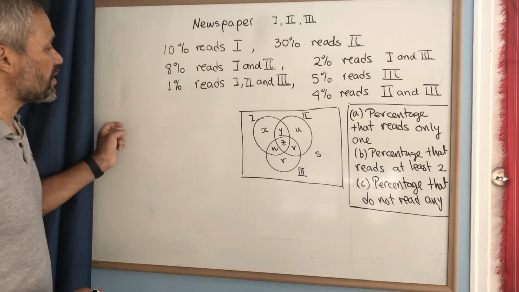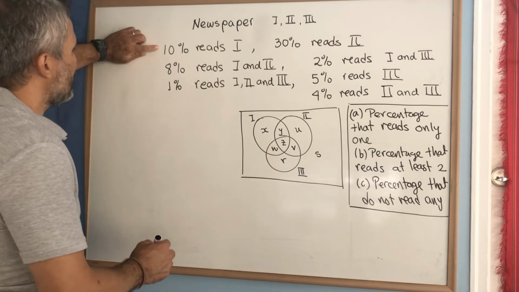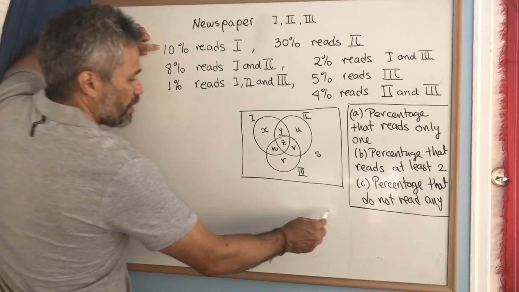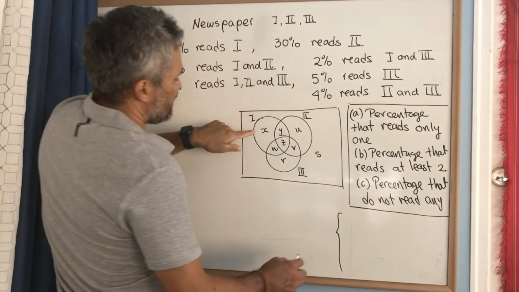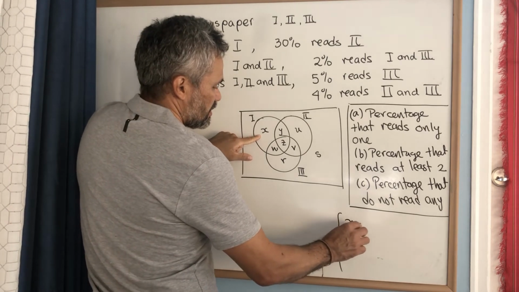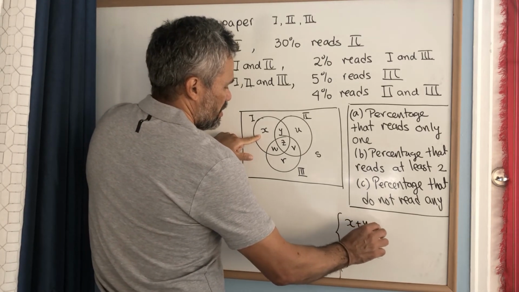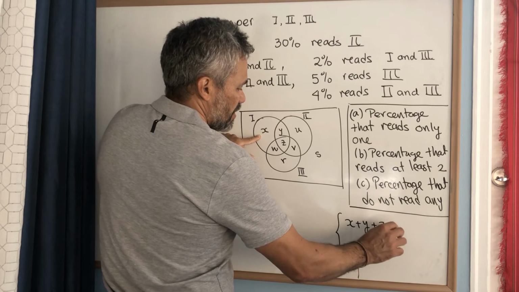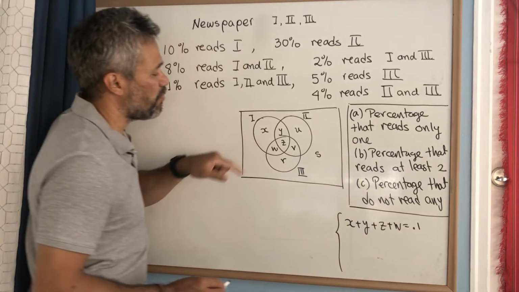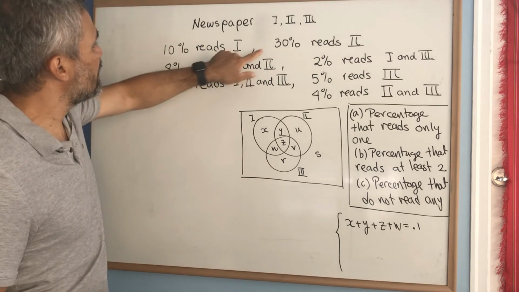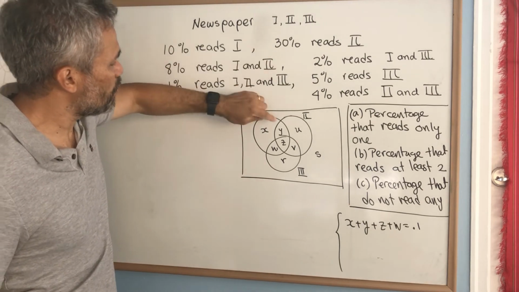Let's see what information do we have. 10% reads 1. That means that X plus Y plus C plus W is equal to 10%, which is 0.1, and 30% reads 2.